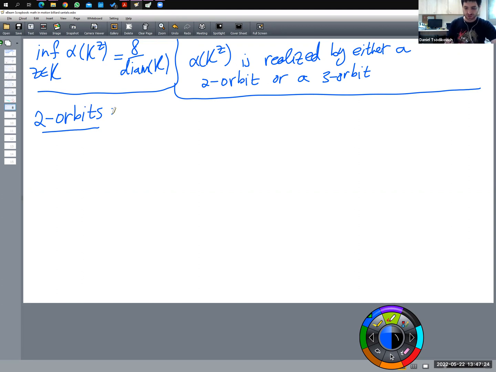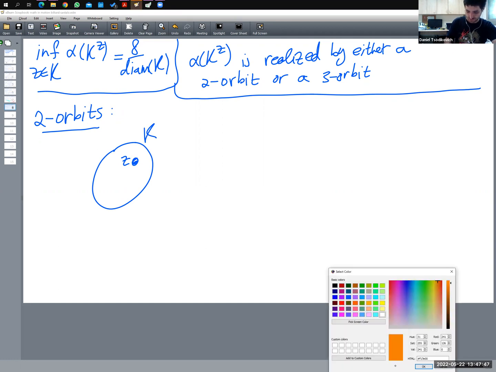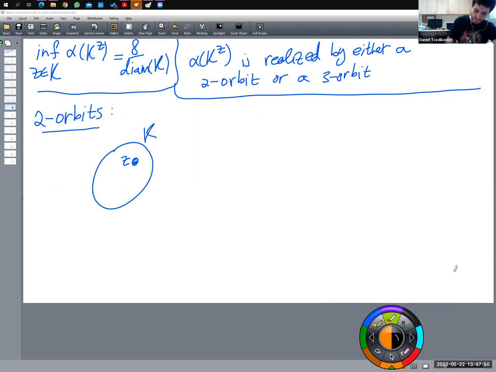And here is a general correspondence. So if we have a 2 orbit in the dual of K, so suppose that this is K, we have here a point C. So that in the dual picture, the shortest billiard trajectory is a 2 orbit. If it's a 2 orbit, then it has to be perpendicular to the supporting hyperplanes at both points.